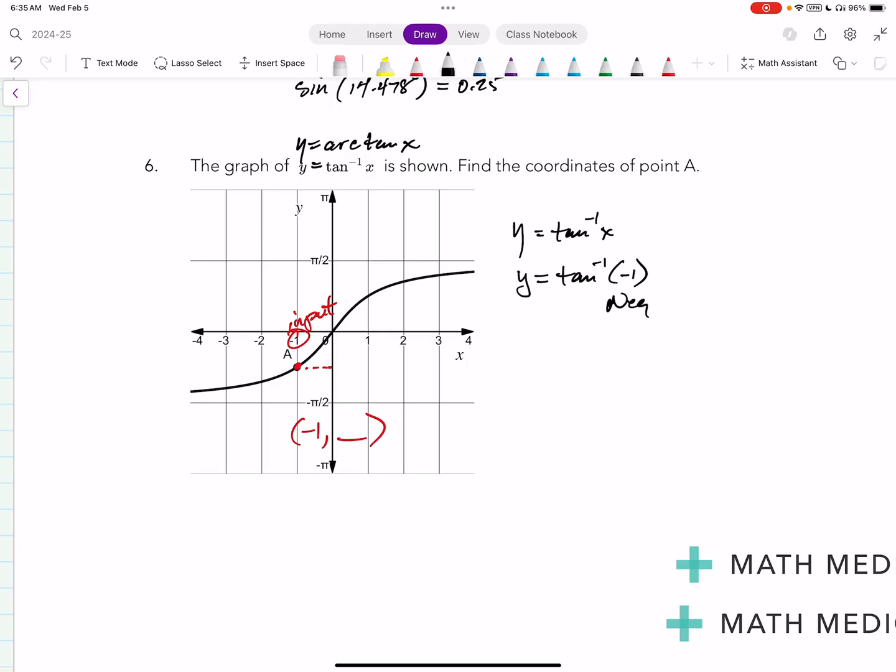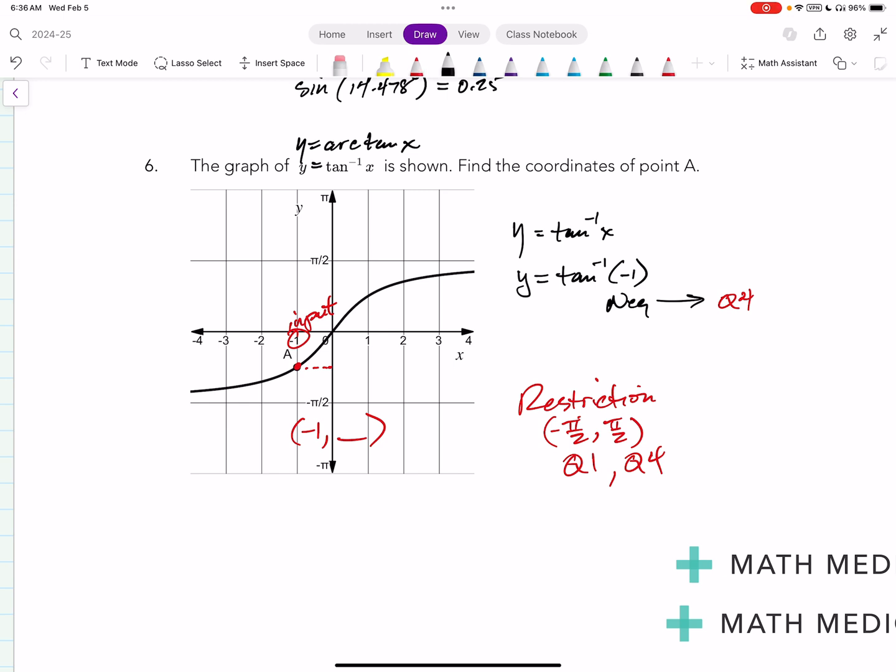And the restriction for tangent, if you recall from what I said earlier, is that it returns only one value, and the restriction is from -pi halves to pi halves. So we're looking for either a quadrant 1 or quadrant 4 angle. In this case, it's negative, so we're looking for a quadrant 4 angle.